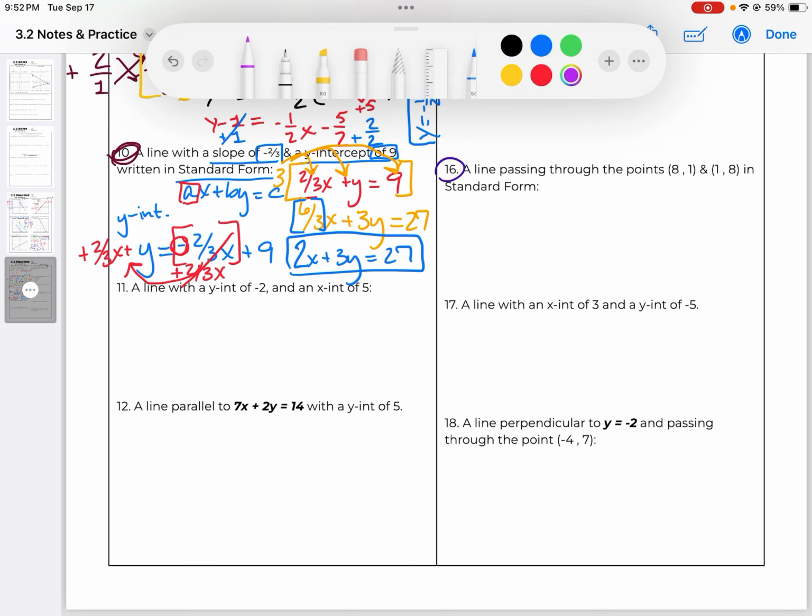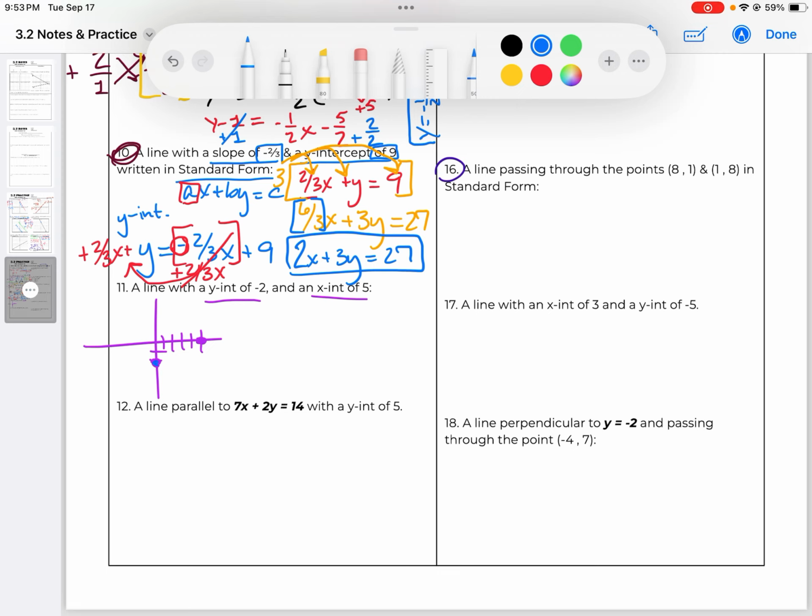So for 11, we have a line with a y-intercept of -2 and an x-intercept of 5. And this is helpful because if you just sketch this out real quick, you can find the slope.